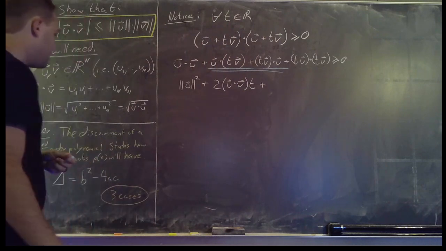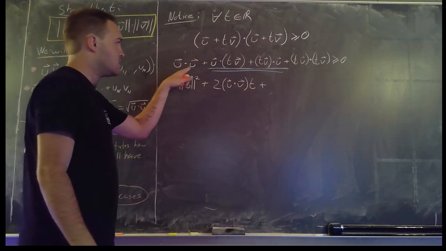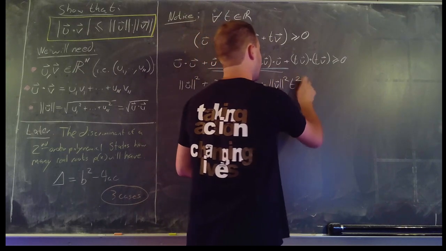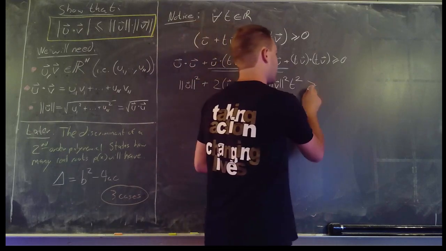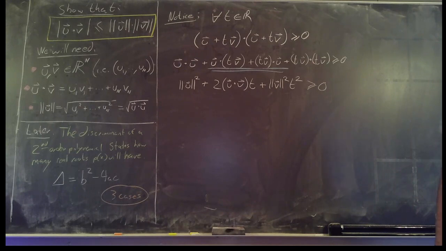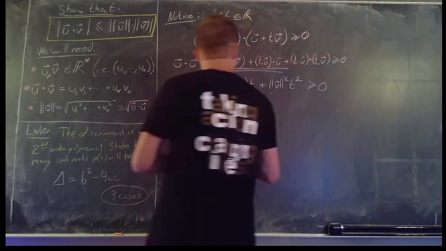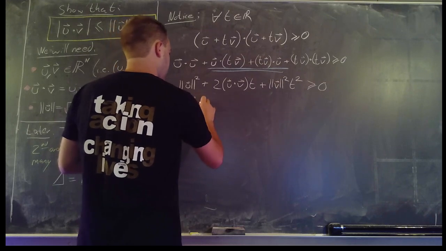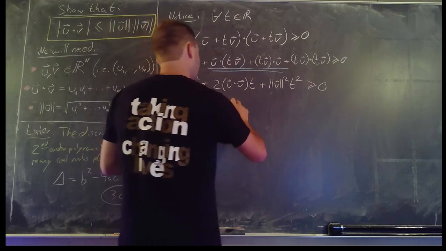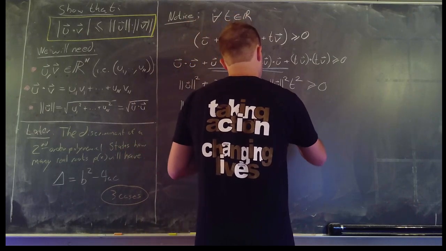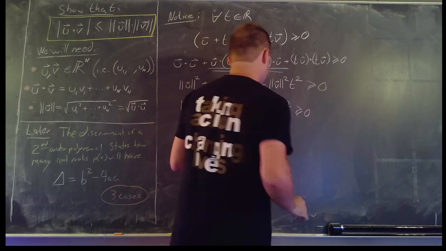We can apply the same reasoning as with u dotted with u, so this is the length of v squared times t squared, being greater than or equal to 0. Now if I do a little bit of rearranging, I can rewrite this as the length of v squared t squared plus 2 u dotted with v times t plus the length of u squared, greater than or equal to 0.